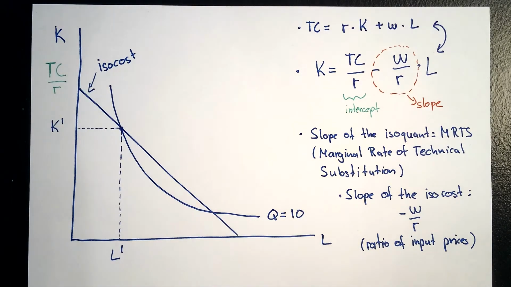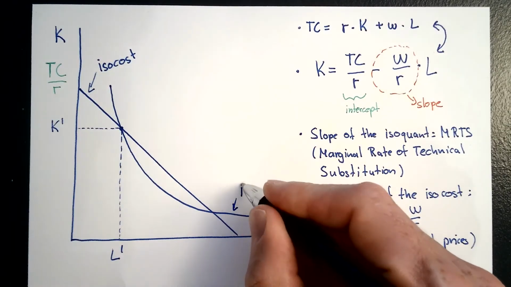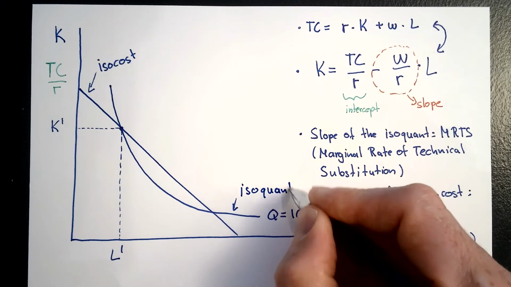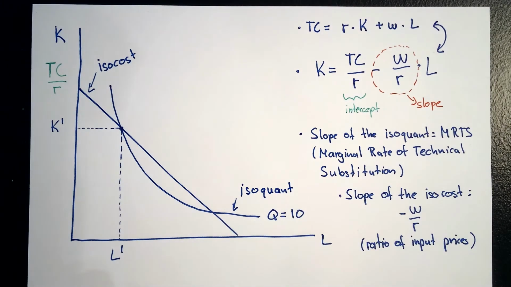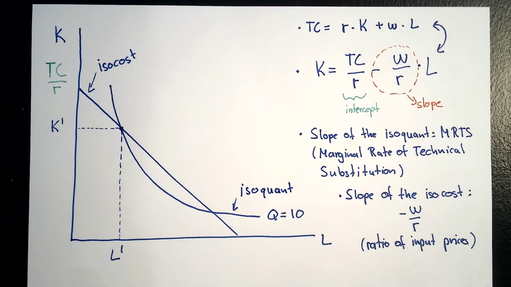Now we also have the isoquant line, which I represented here for 10 units of output. And the slope of the isoquant line is the marginal rate of technical substitution, or MRTS.